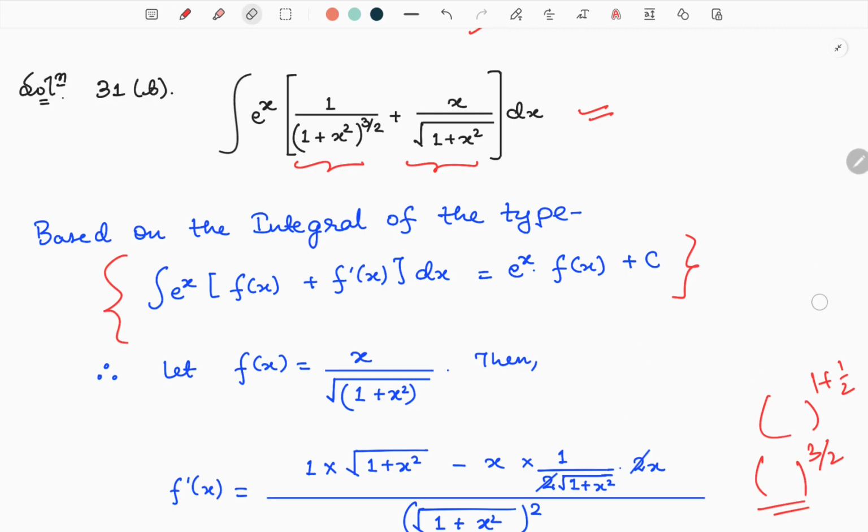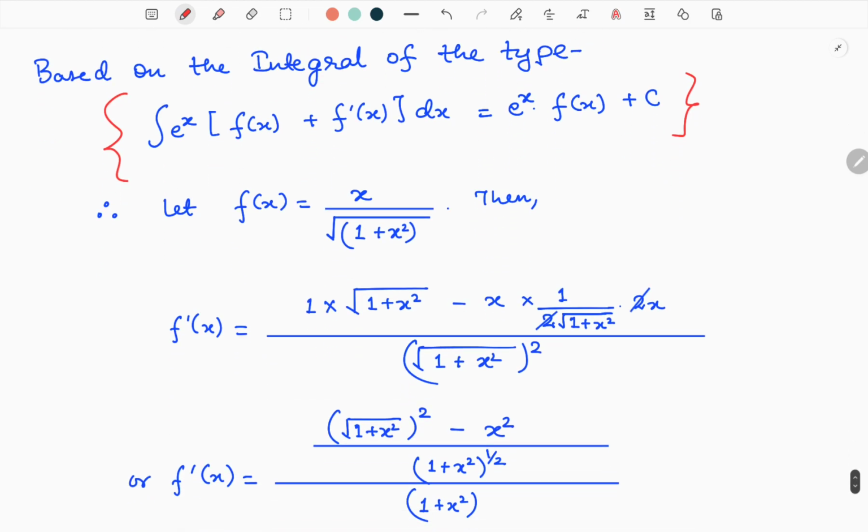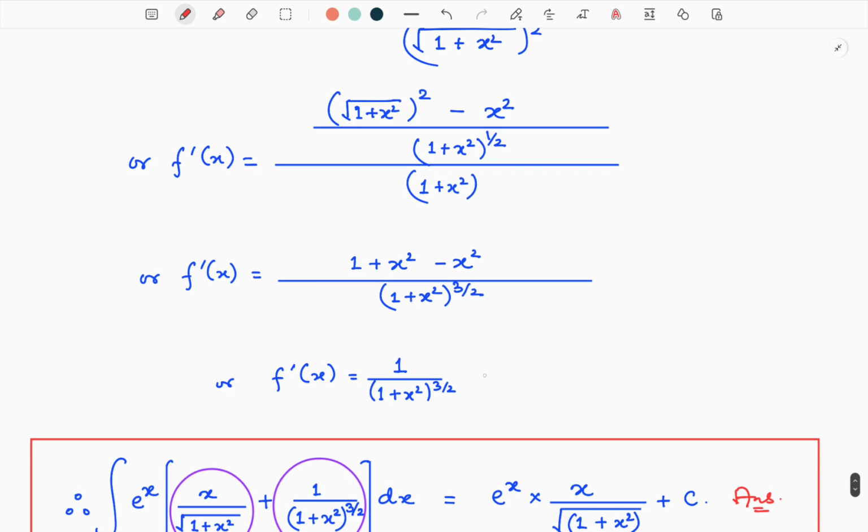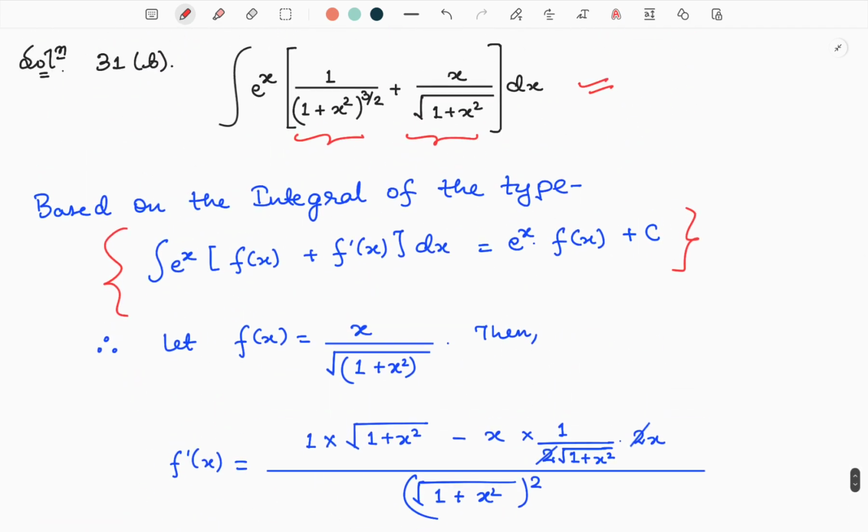Now if you take f(x) as x upon under root 1 plus x square, differentiate it and rearrange, you will get f dash x as 1 upon (1 plus x square) whole to the power 3 by 2, and it is the same as the question format.